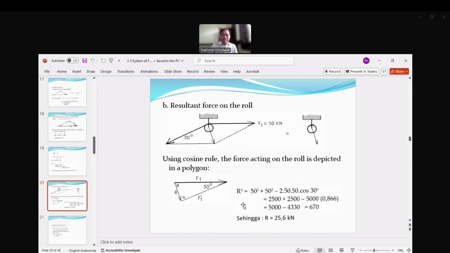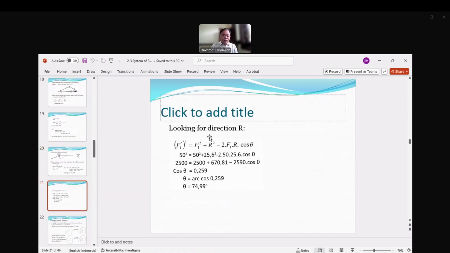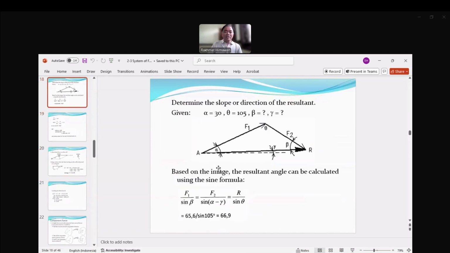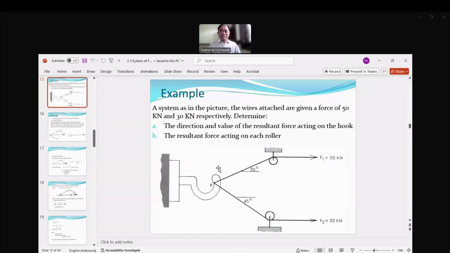Okay, and we learned about this resulting force on the roller, and I think you also did it in class, for the bottom roller. This is the top roller, I think, and for the bottom roller we have another one. Okay, for this example, do you have any questions?